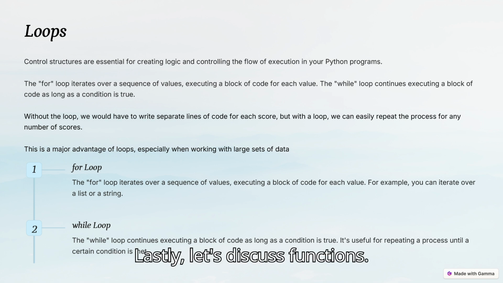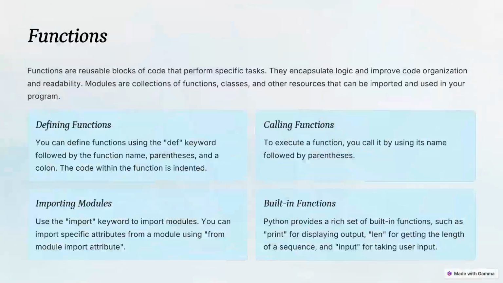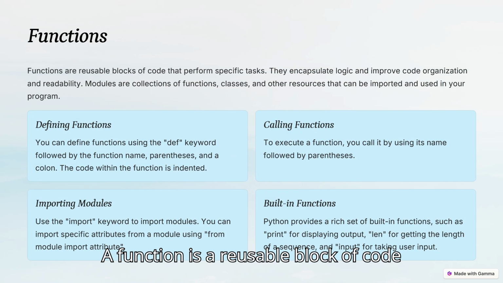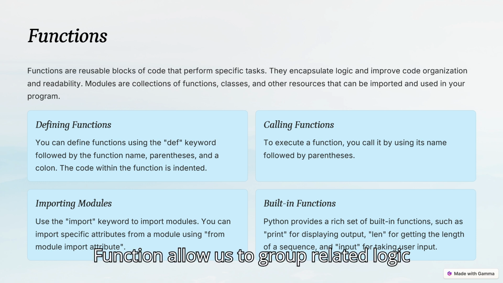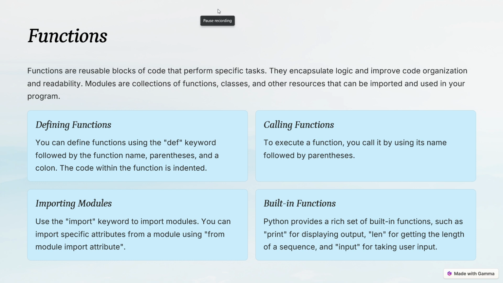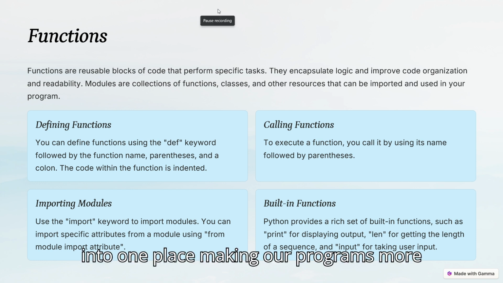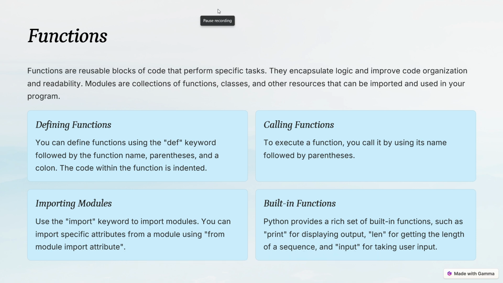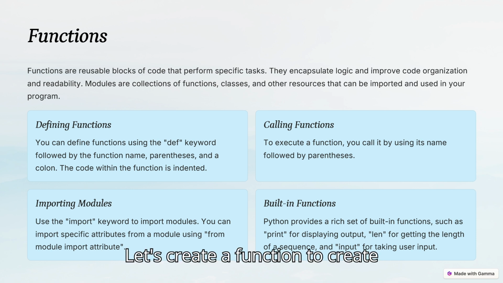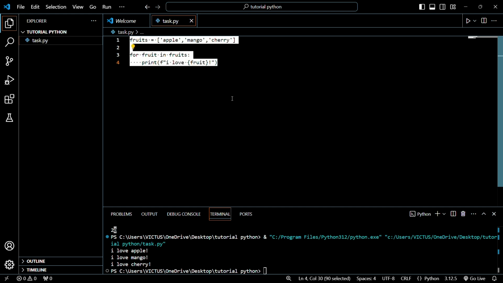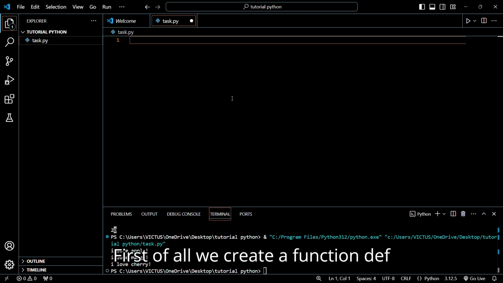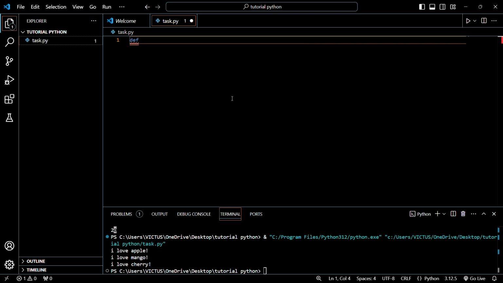Lastly, let's discuss functions. A function is a reusable block of code that performs a specific task. Functions allow us to group related logic into one place, making our programs more organized and easier to manage. Let's create a function to greet a person. First of all, we create a function with def greet, the function name.